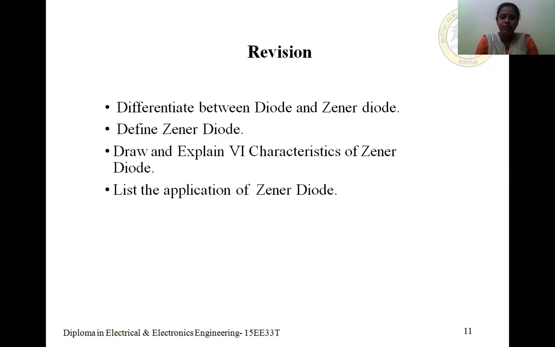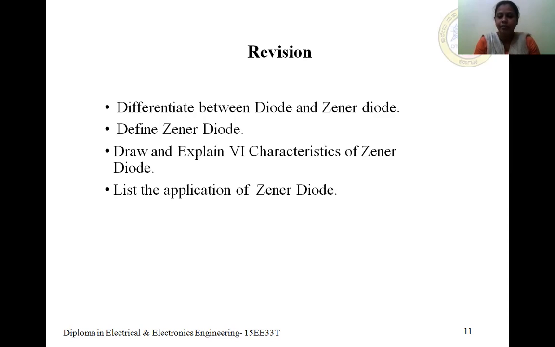As I explained, we can compare the two, one side the diode, the other the Zener diode. Ordinary diodes are not heavily doped, whereas Zener diodes are heavily doped. This is the first point.